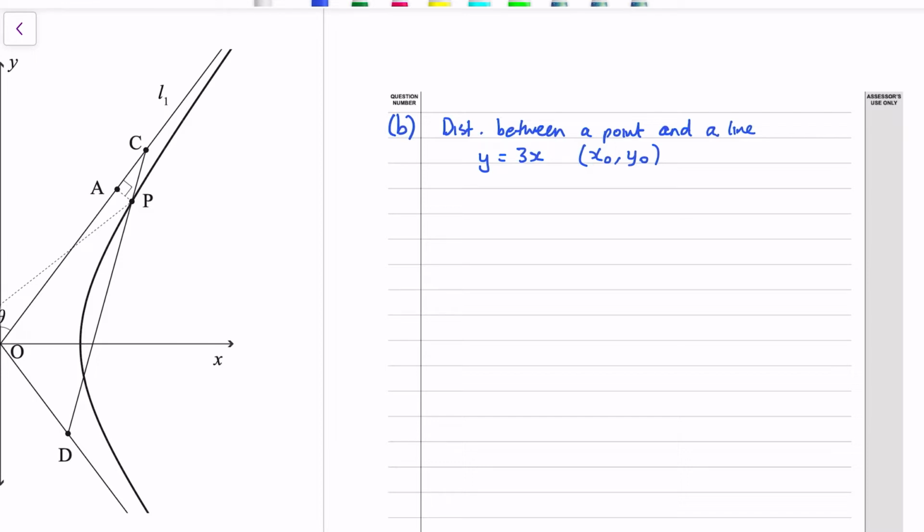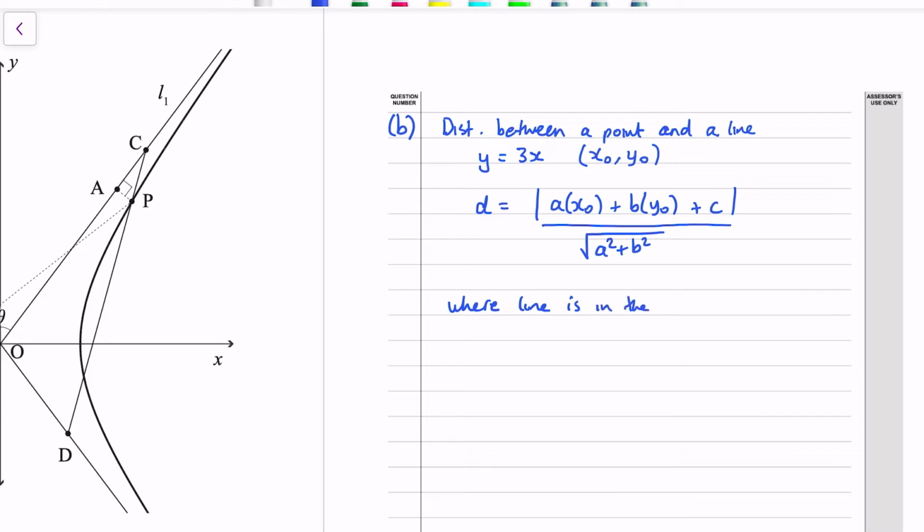And the formula for that, I'm just going to Google it again because it's not something I memorize. Okay, it says the distance is equal to the absolute value of a x naught plus b y naught plus c over root a squared plus b squared, and the website gives a proof of it, where the line is in the form ax plus by plus c equals 0.